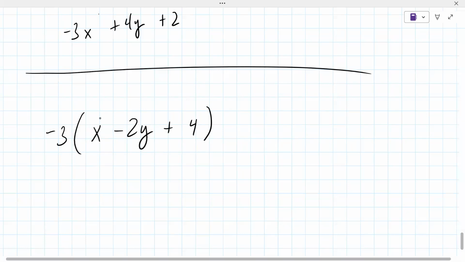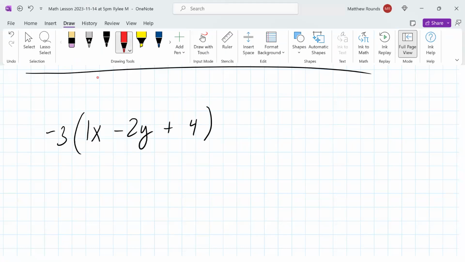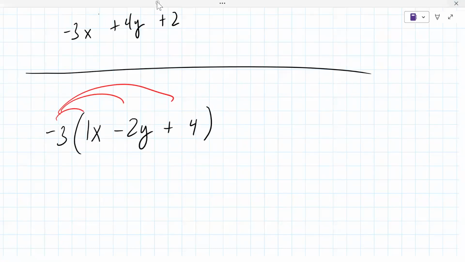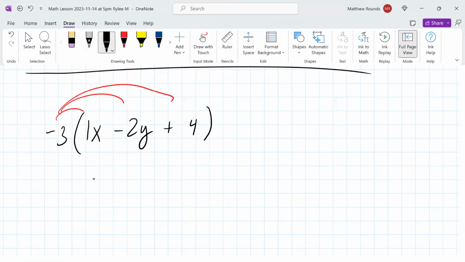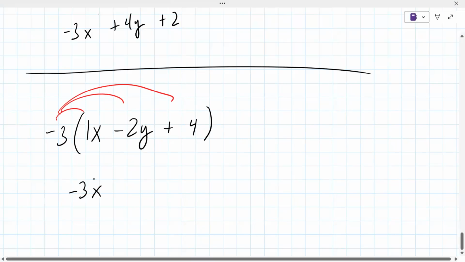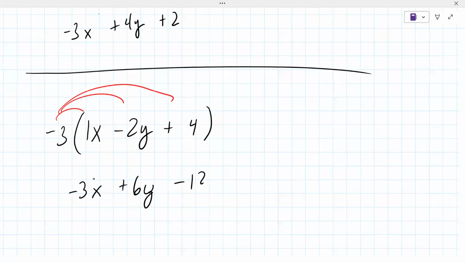One. There's a 1 there. So you're going to take this -3 and multiply it by each of these. So that becomes -3x plus 6y minus 12. Is that okay?